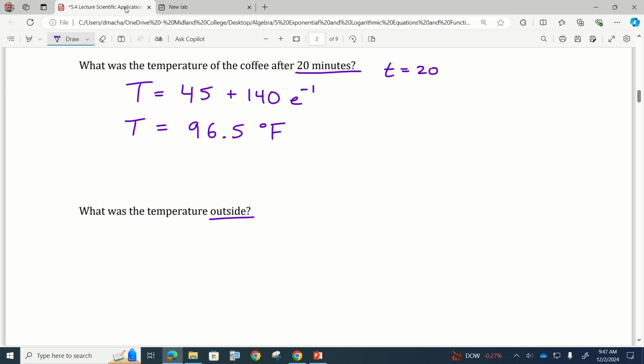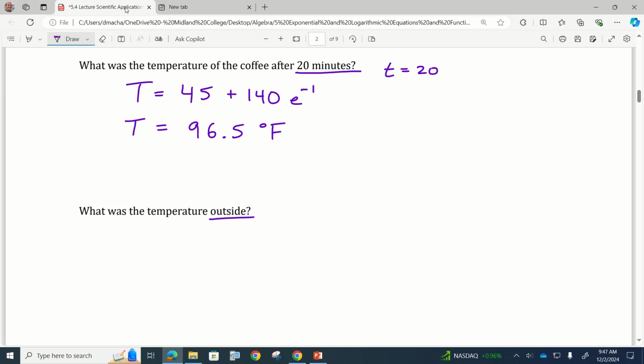So as long as the coffee is warmer than the outside environment, it's going to continue to lose heat and the temperature is going to drop. But as the temperature is dropping, if eventually the coffee is the same temperature as it is outside, then it's not going to be losing heat anymore. It's not going to keep getting colder, right?